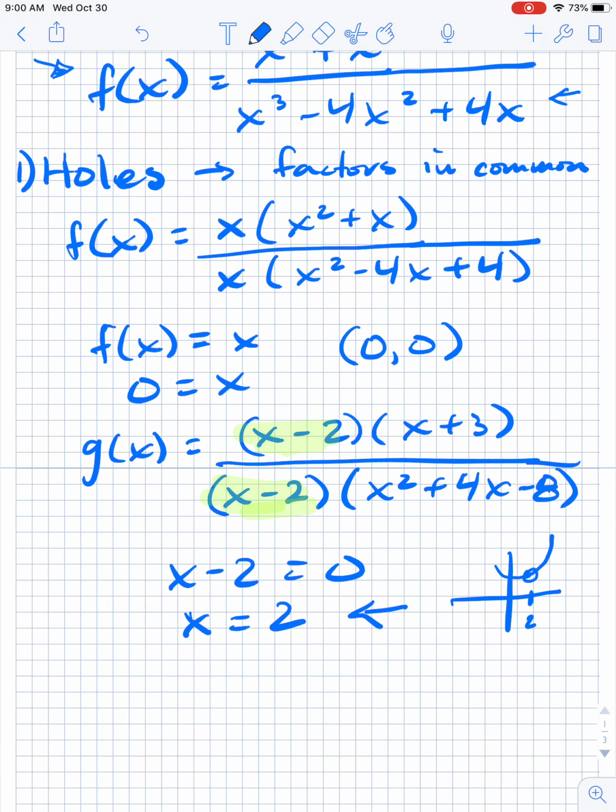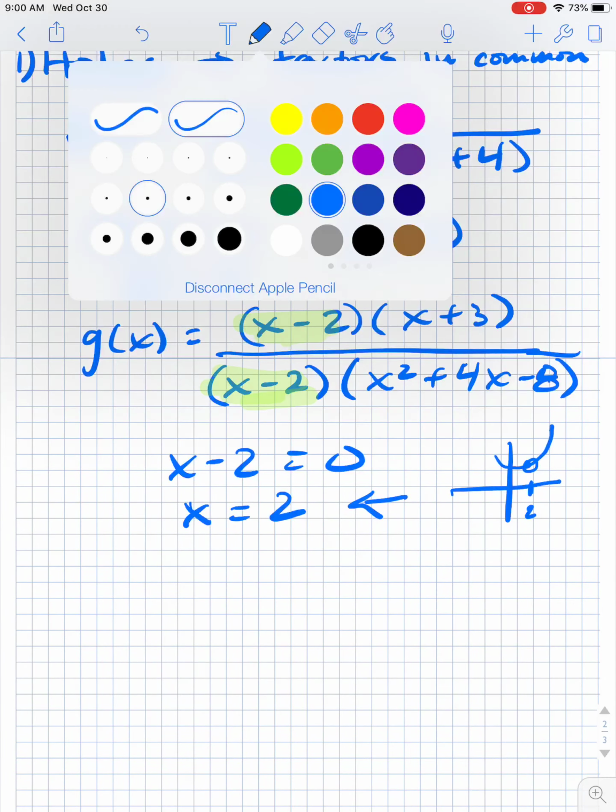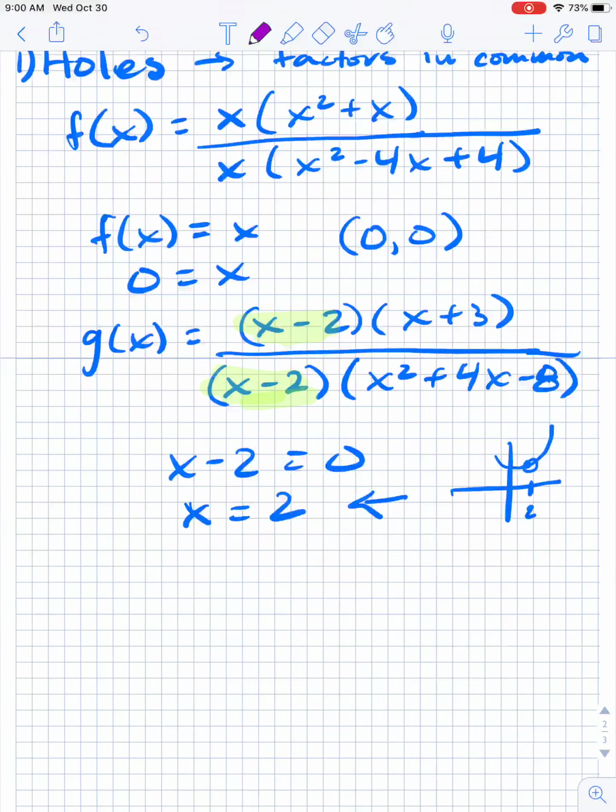Okay. All right. The next thing that you need to find, let me change colors. All right. So the next thing that you need to find are your asymptotes. Okay. And for your asymptotes, there's two different ones.